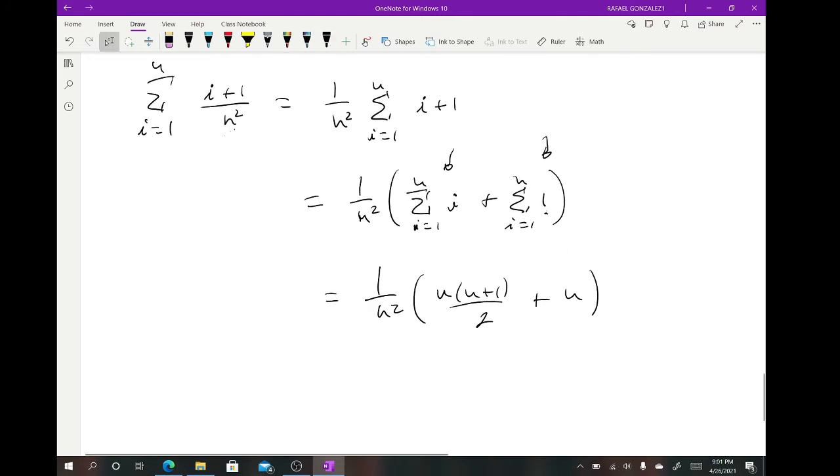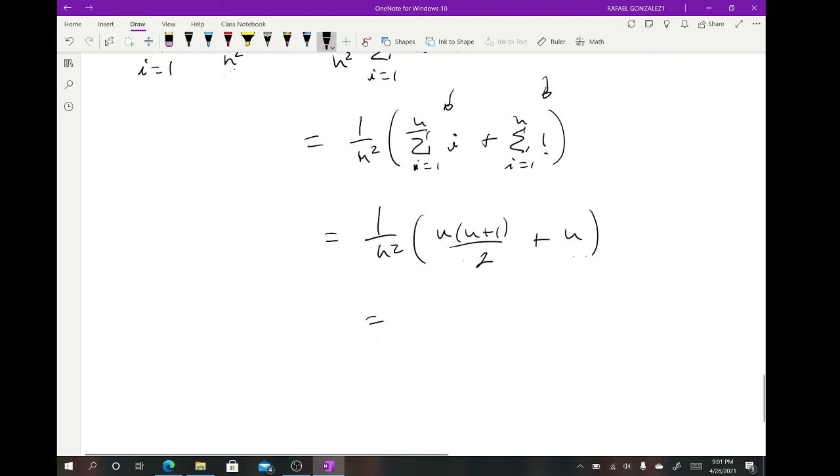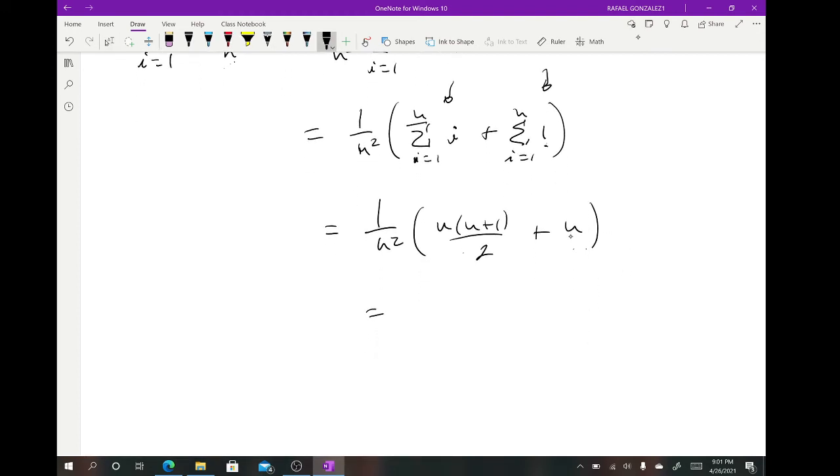Okay? And now what do we have? Well, we have this convoluted mess, and we can combine the fractions on the inside and then multiply through. So that's what I'm going to do. I'm going to combine these two fractions. To combine fractions, the denominators must be the same. So we simply multiply this right fraction by 2 over 2. So we get 2n over 2, and then we can combine them.